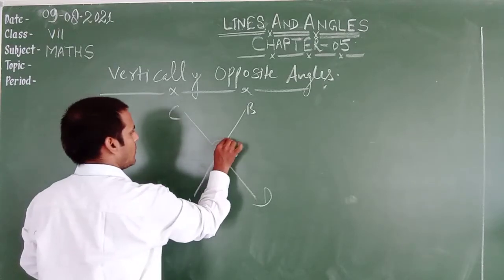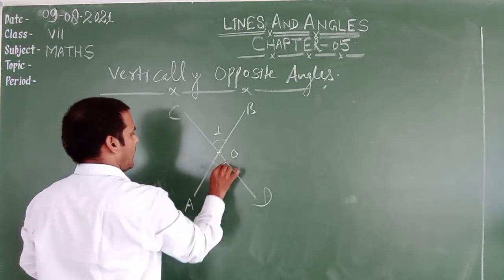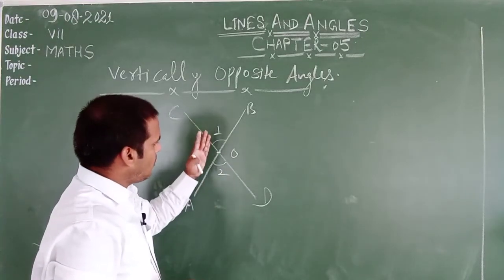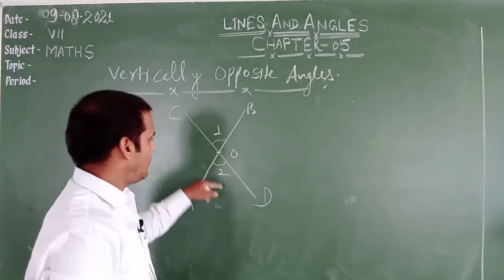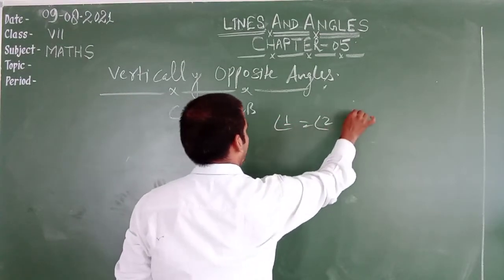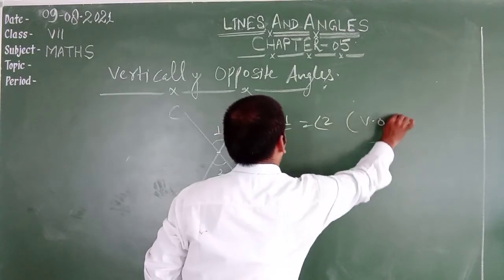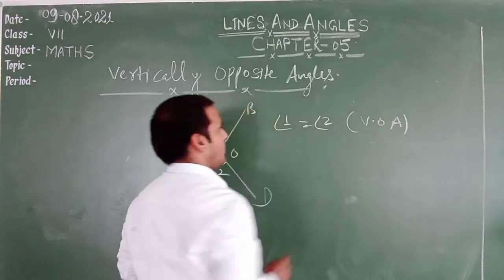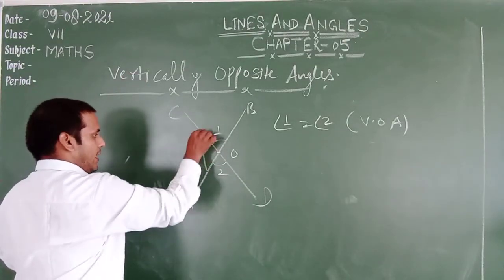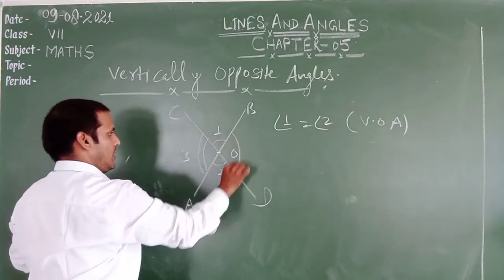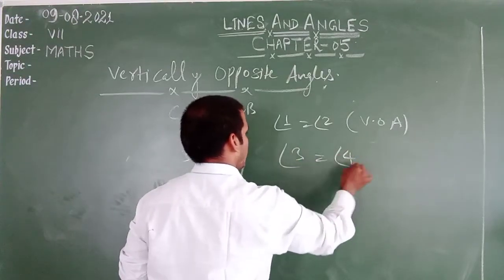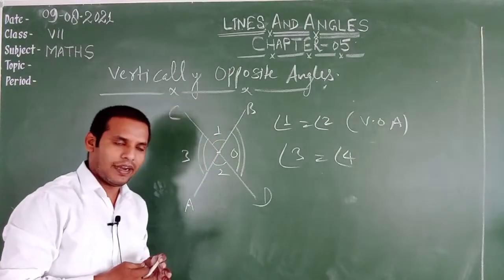It means angle 1 is equal to angle 2, just सामने का, that angle will be equal to the angle in front. We can also write vertical opposite angle in short form VOA. VOA means vertical opposite angle. Then angle 3 will be equal to angle 4 due to the vertical opposite angle.